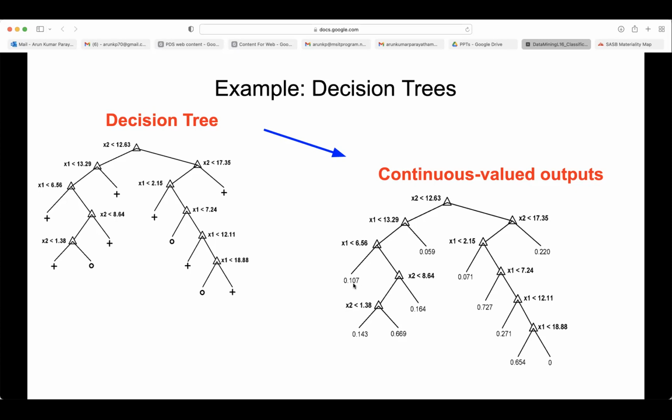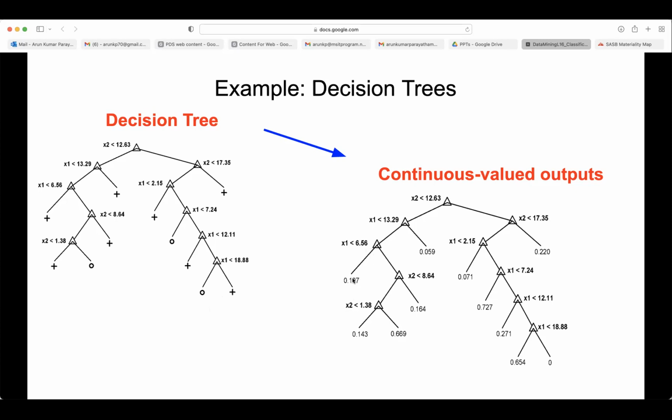What are the values at the leaves? Nodes are attribute values, where you are comparing the attribute value as less than or greater than. Leaves are not comparisons, right? Earlier you had plus or zeros, but now what values do you have here in the right side tree? Real numbers, like 0.107, 0.143. How did you get these numbers?